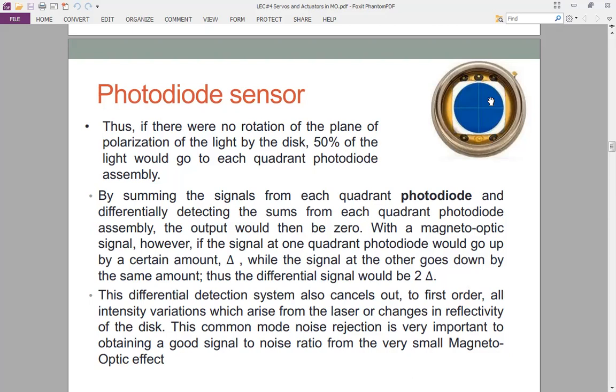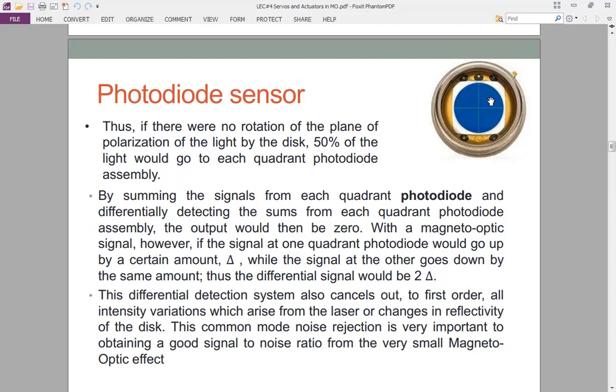And in such a case, an error signal will be generated. When an error signal is generated, then corrective measures are taken. For example, if the disk has moved away from the lens, then the corrective measure would be that the lens will have to be moved closer to the disk so that the spot is always maintained within the track.